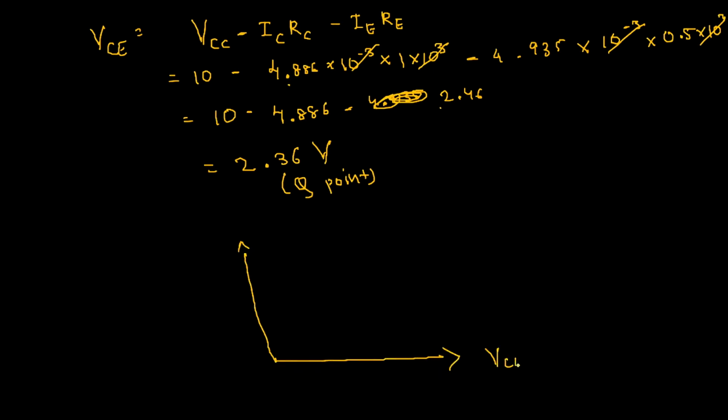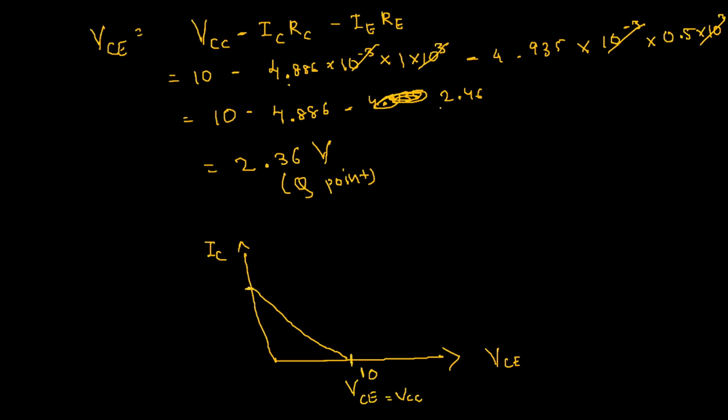So this is my VCE and this is IC. The intercept is when VCE is equal to VCC, and VCC here was 10 volt. So it intersects this axis at 10.